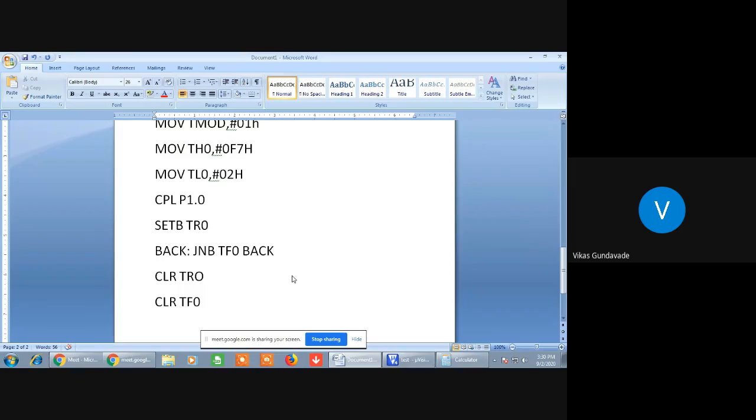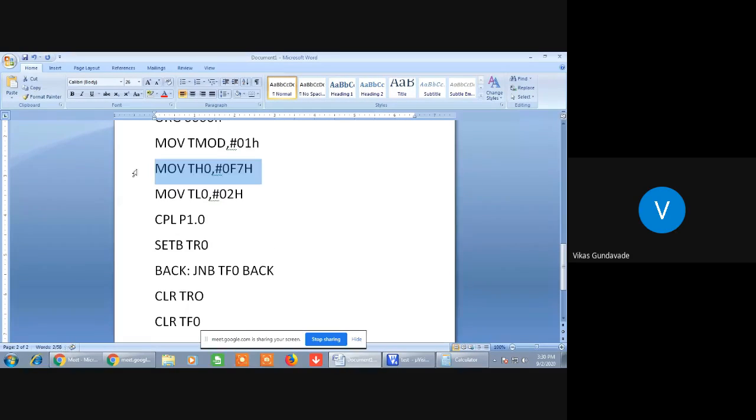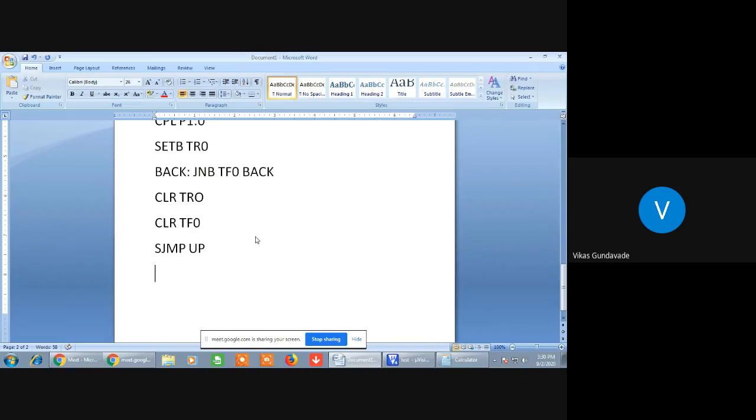After that, we need to give the unconditional jump as JMP UP, and this UP we need to provide at the location for loading the time count for TH0 and TL0. Then last will be SJMP $ and then END.